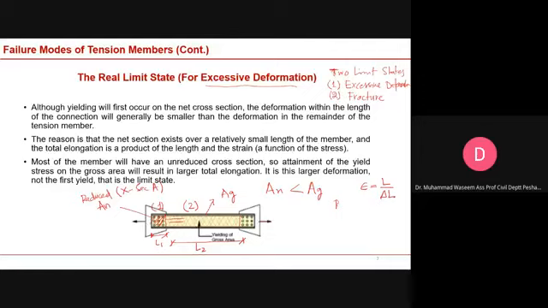We know that the yield stresses will first be reached in this region, but the length of this member is very small, and the length of the unsupported connected member is very large. You can consider that L2 is larger than L1. So the deformation produced will be higher in L2 compared to L1.